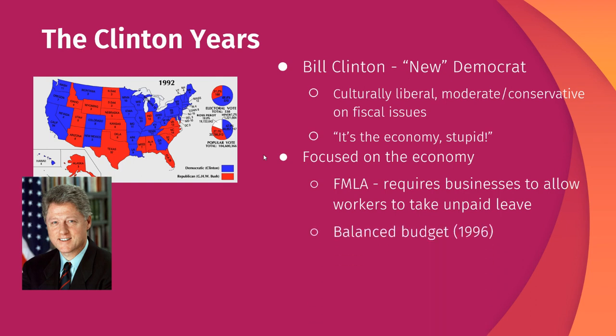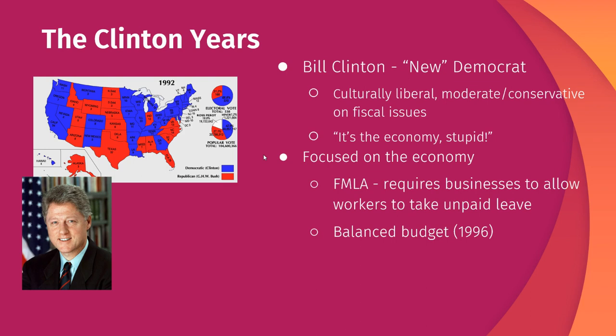That moderate thing when it comes to fiscal issues is what is going to make Clinton a little bit different from his Democratic predecessors. If we think about politicians in the Democratic Party like LBJ, certainly FDR, these are people who are raising taxes, who are adding to the debt, and who are increasing the size of the federal government primarily through social welfare programs.